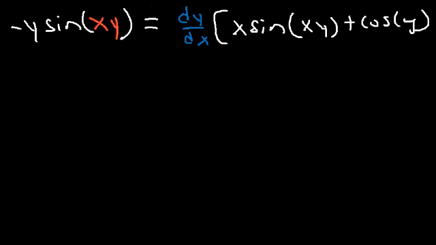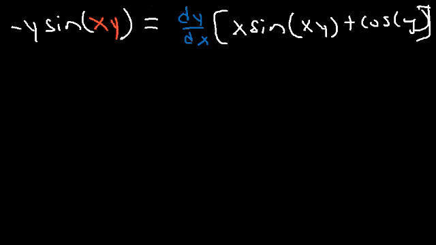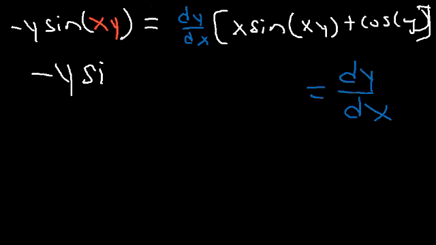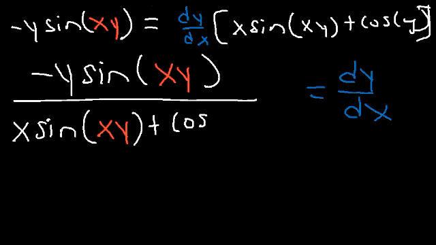To get dy dx, we need to divide both sides by this term. Once we do that, dy dx is going to equal our final answer, which is negative y sine xy divided by x sine xy plus cosine y. So this is the answer. That's how you could find the first derivative for this problem.